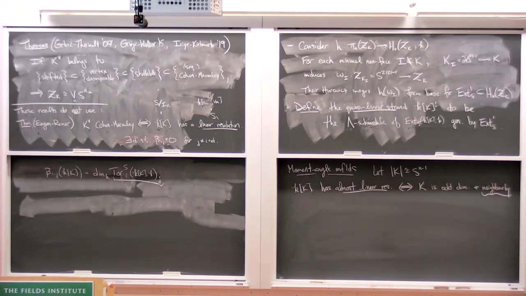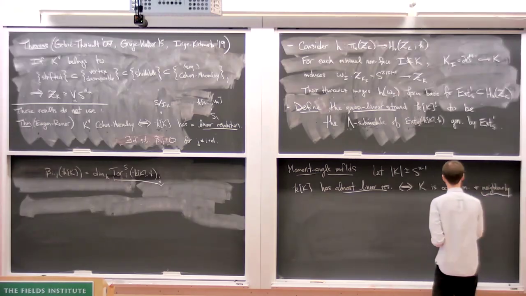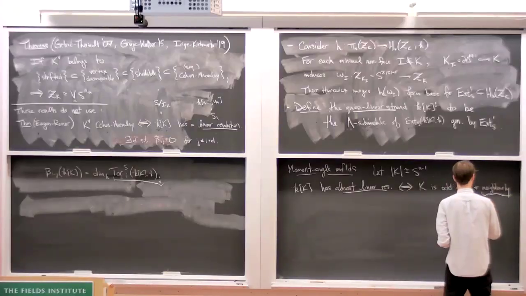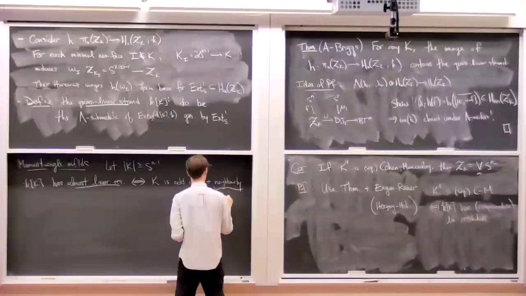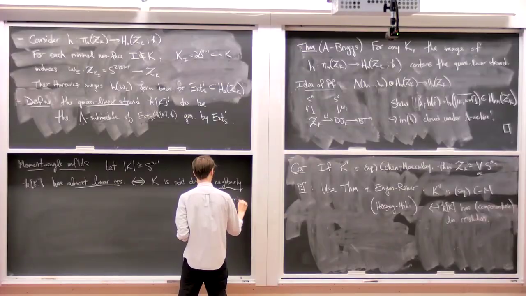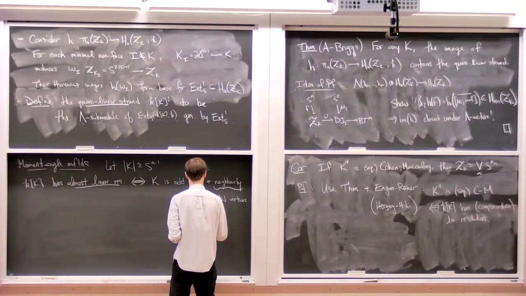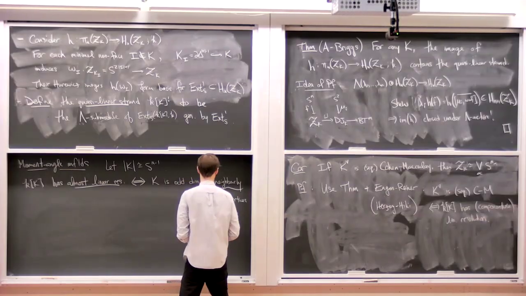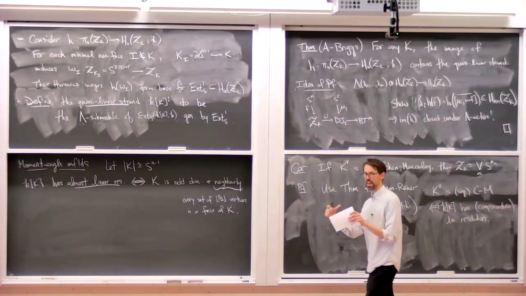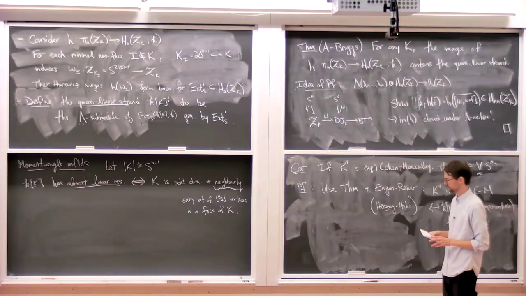Where neighborly is a combinatorial thing, it just means that every set of roughly n/2 vertices is a face of K. Sort of a high connectedness condition for a simplicial complex.